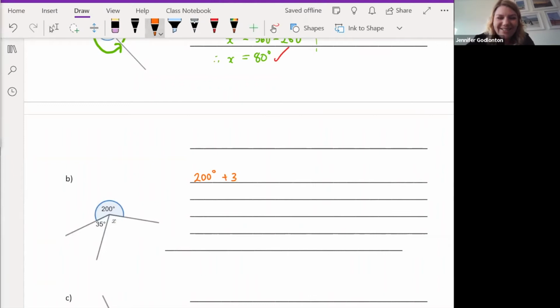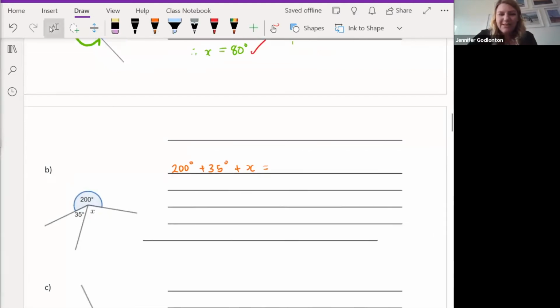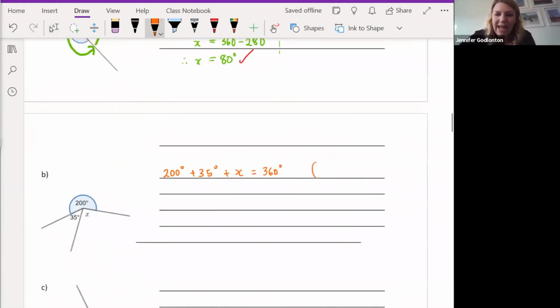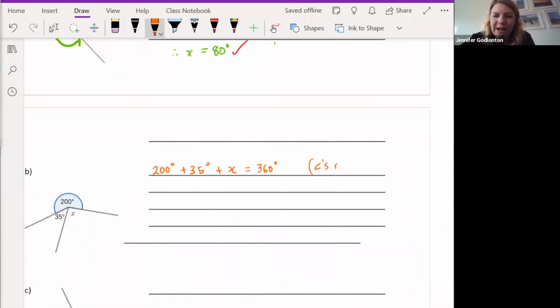I'm just going to write what Unati had said. So 200 degrees plus 35 degrees plus X. Okay, Unati, carry on. Talk me through the rest. Equal to 360. Okay, beautiful. What's my reason? Angles around a point. Okay, good. Awesome.